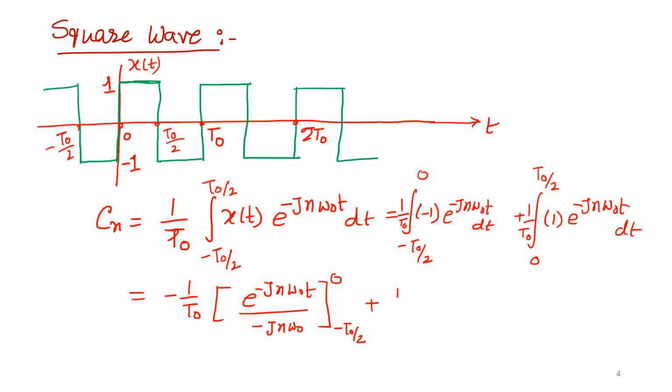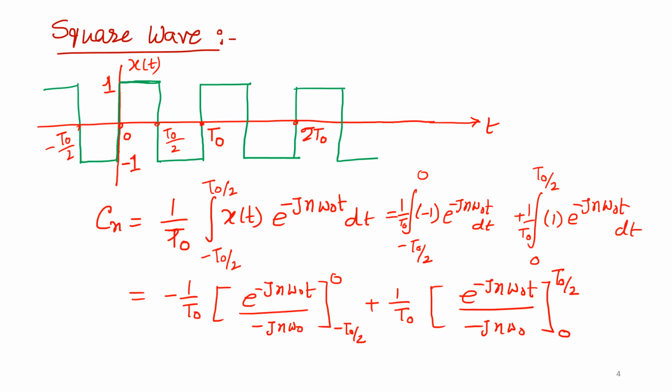For the second one, it is 1 upon t naught, and again the integration e to the power minus j n omega naught t upon minus j n omega naught, with the limit 0 to t naught by 2.